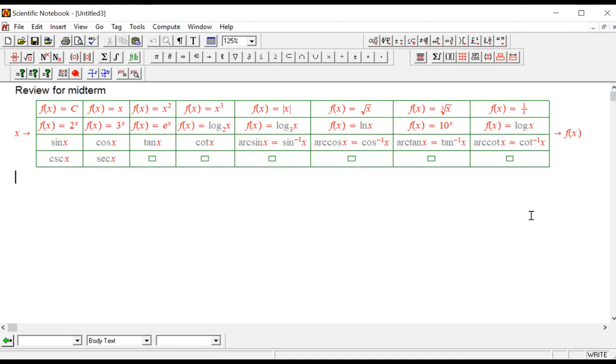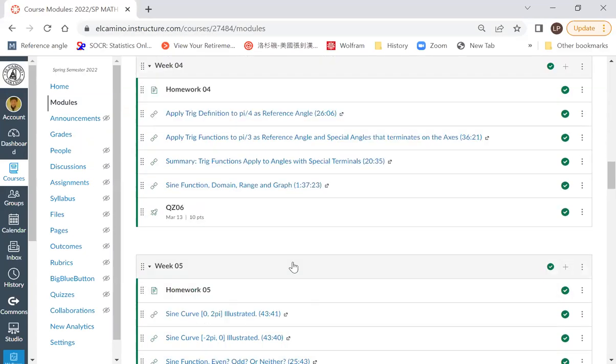Of course, in week number 8, we have some additional studies, which is composition in different order. If you look at the contents, we go on with week 4, where we apply trig functions.